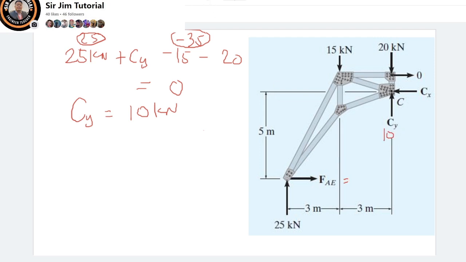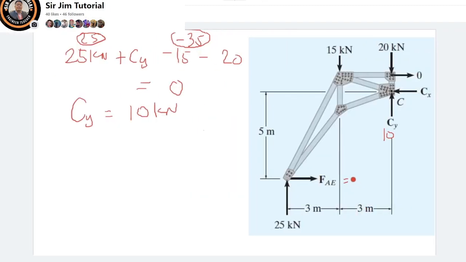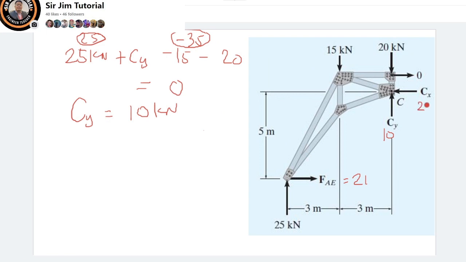This is AE, which we already calculated earlier, which is 21. This is 21. And this CX is also 21. Take note of this one, because this time we need to consider this joint.